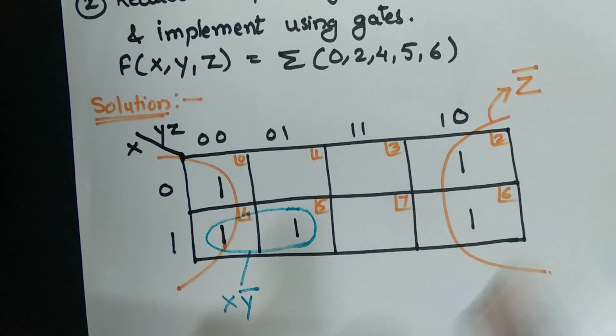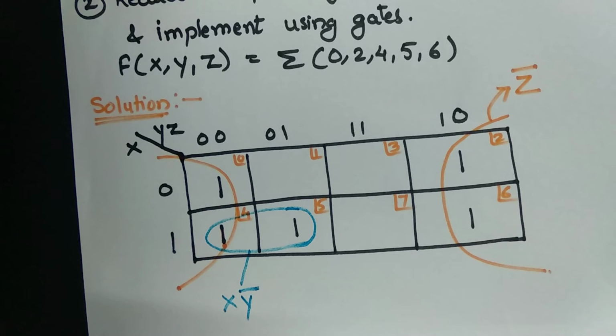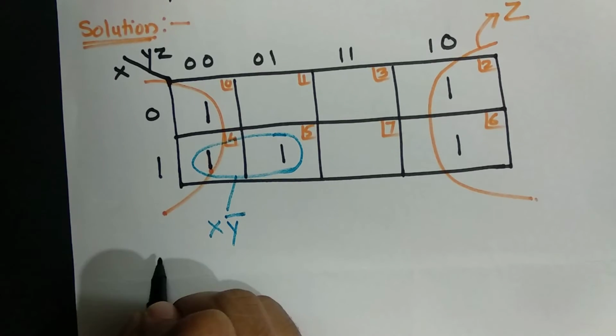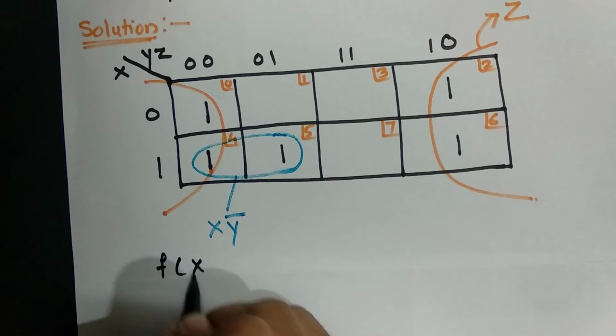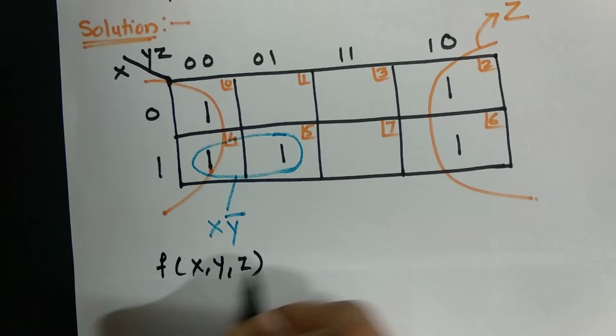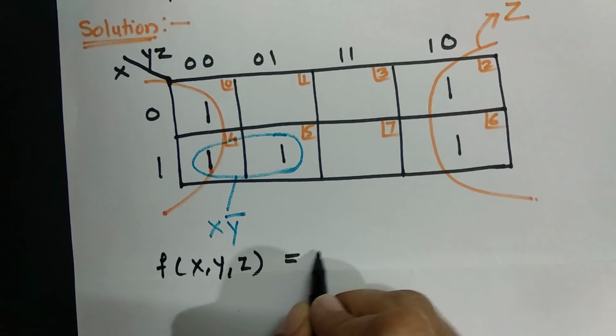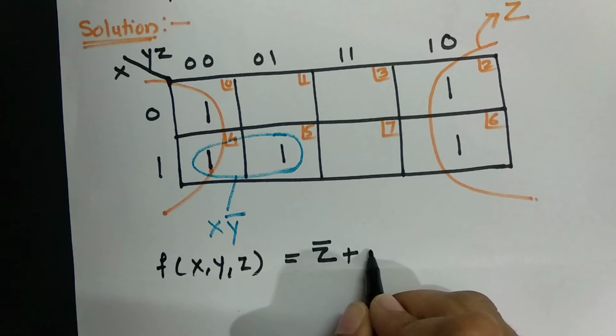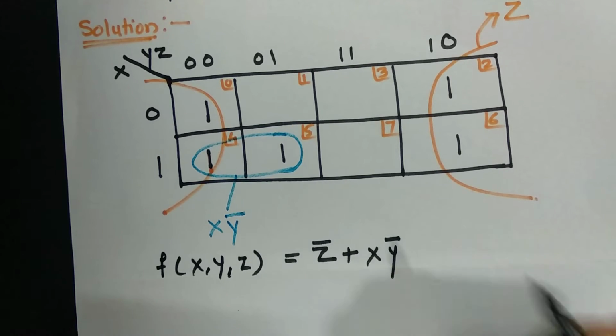Okay, so the answer for this, your solution, is f of x, y, z equals z bar plus x y bar.